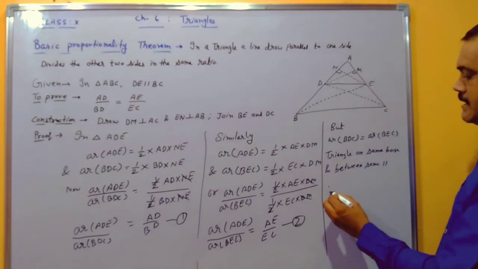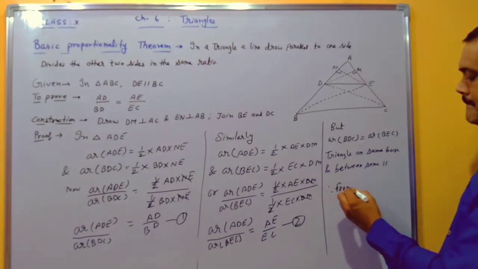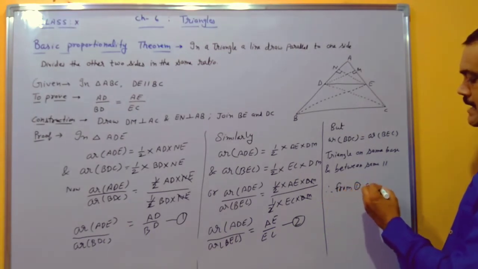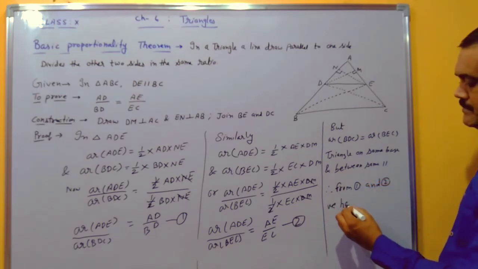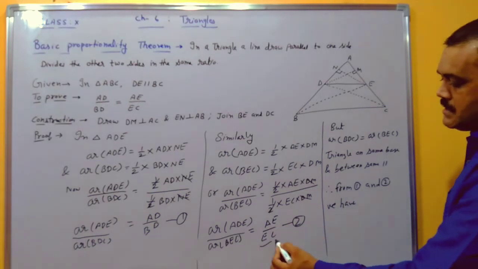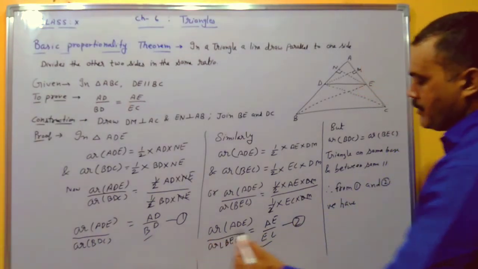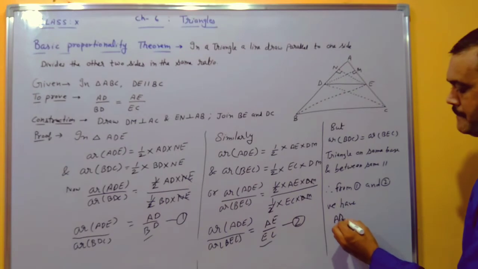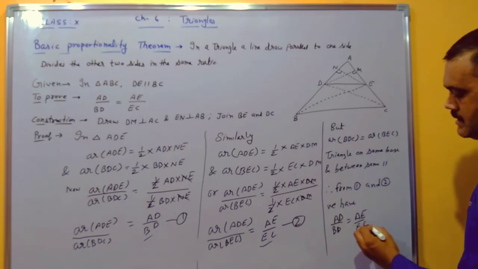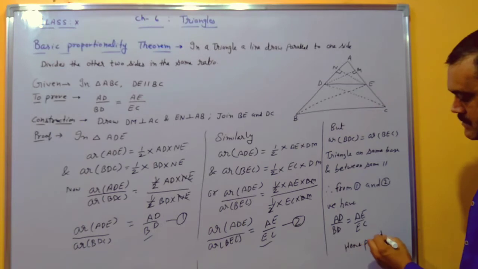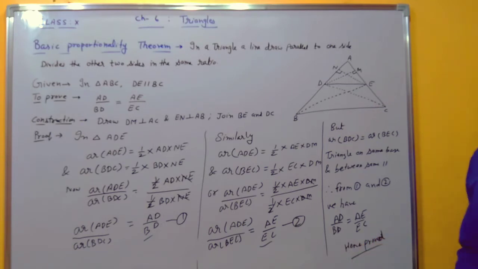Therefore from first and second we have AE upon EC is equal to AD upon BD. AD upon BD is equal to AE upon EC. This we needed to prove, hence proved. So this is quite simple, a very easy proof. So you know how to do this.